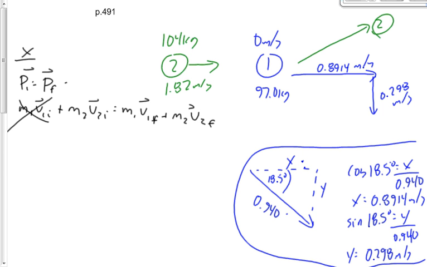Okay, this hockey player, the 97 kilogram centerman, is standing at rest in front of the net here. So his momentum is 0. M2 is 104 kilograms. V2i is 1.82 meters per second. M1 is 97. Here's the big test. What's V1f? Garrett, what's V1f?